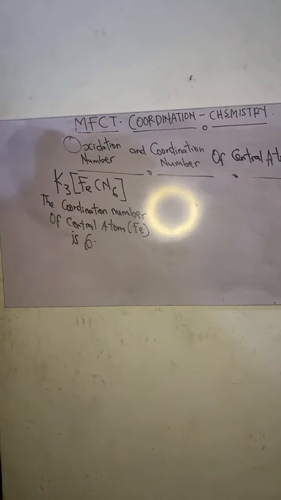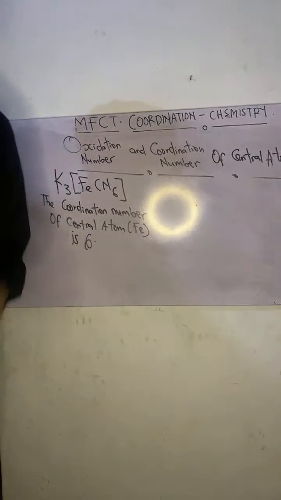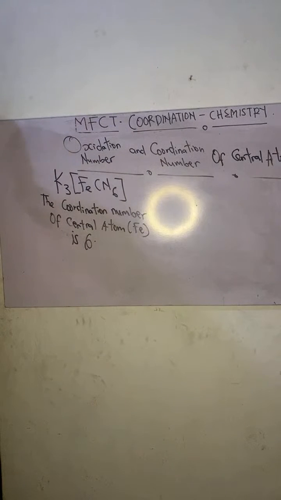But if you want to calculate the oxidation number of the central atom, you have to follow the same rules as the rules guiding oxidation number in inorganic chemistry that you did in 4th semester.